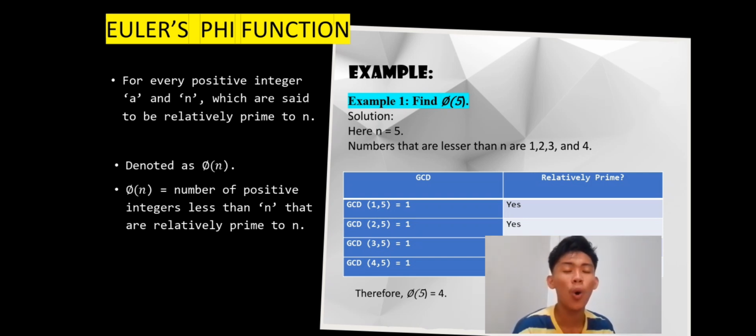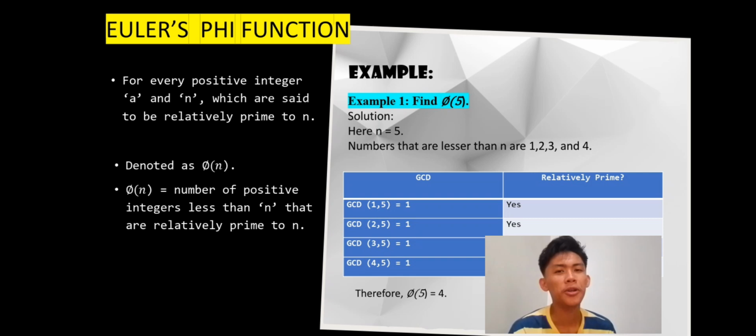First, 1 and 5, the GCD is 1, and 2 and 5 is also 1, and 3 and 5 is also 1, and 4 and 5 is also 1. Therefore, there are 4 numbers that are less than 5 and relatively prime to 5.